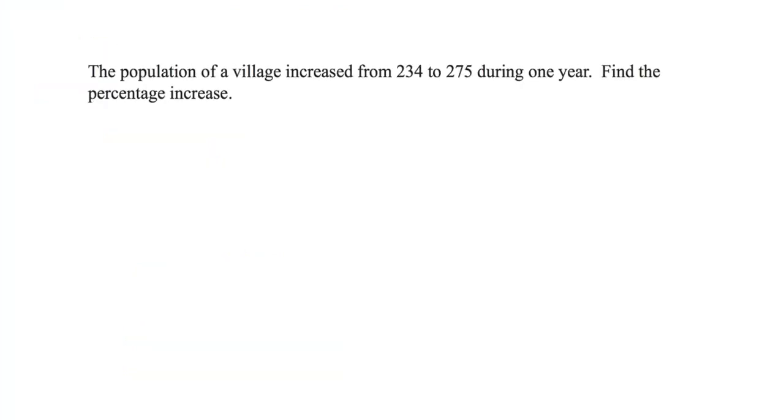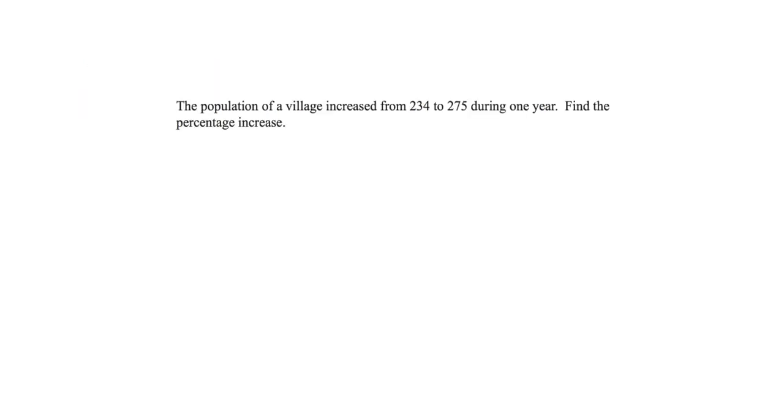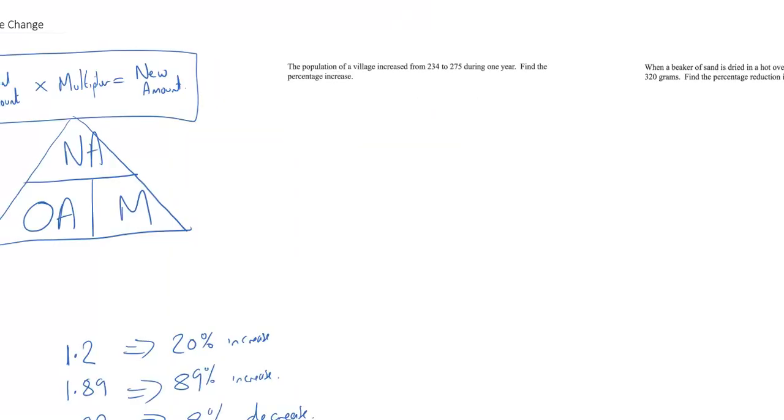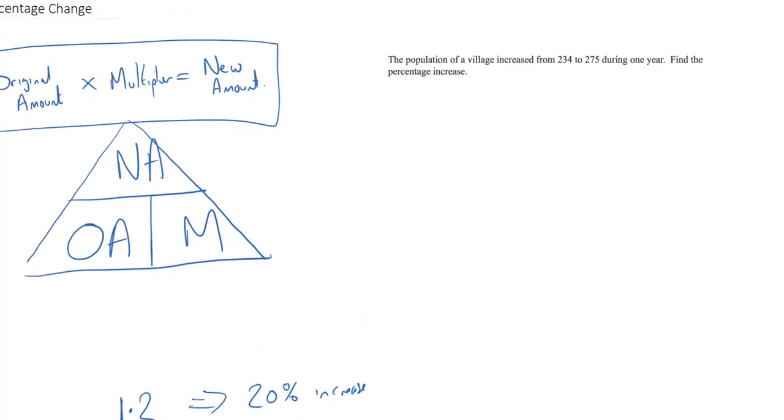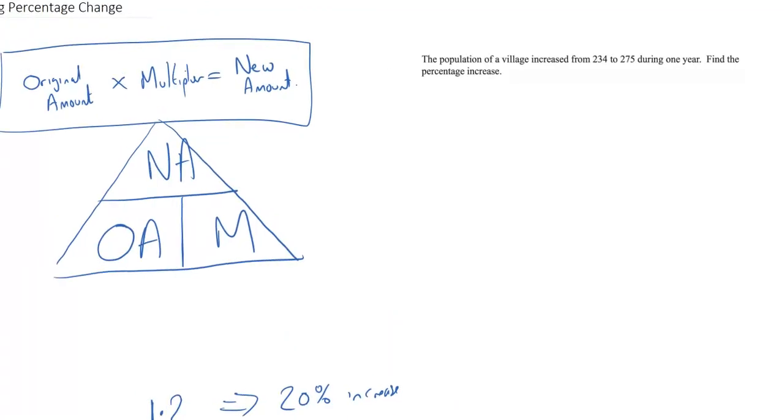So, the population of a village increased from 234 to 275 during 1 year. Find the percentage increase. So first thing we're going to do is go back to our formula. We know that the original amount, which is 234, was times by a multiplier, and it became the new amount. I'm subbing that in as 275.